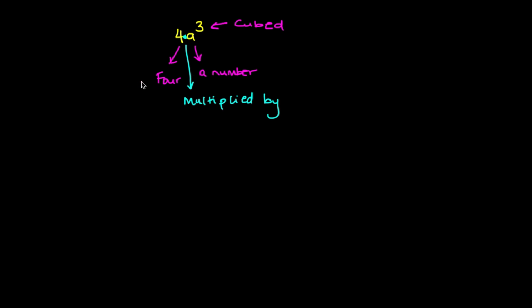And in order to write this whole sentence, taking each individual component and putting it together, we would have 4 multiplied by a number, which is our variable there, a, cubed.